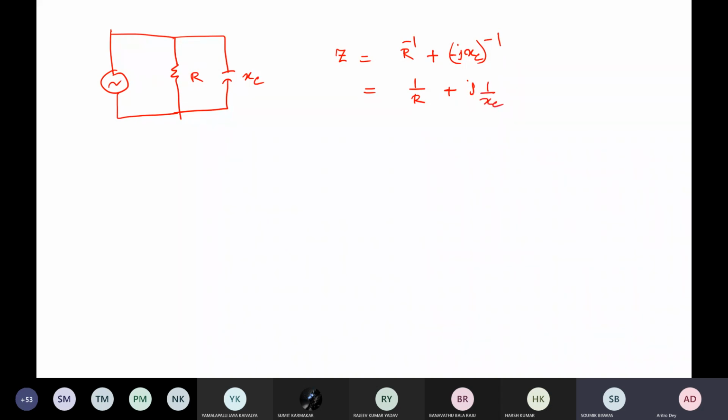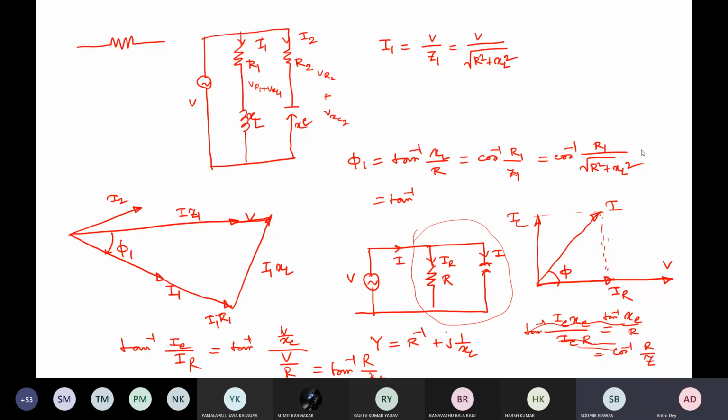So then what will be your tan inverse of that? Then tan will be equal to 1 by XC by 1 by R. So you can write it like V by XC by V by R, whatever way you want to write. So you will ultimately get tan inverse R by XC. Okay. Now is it clear?